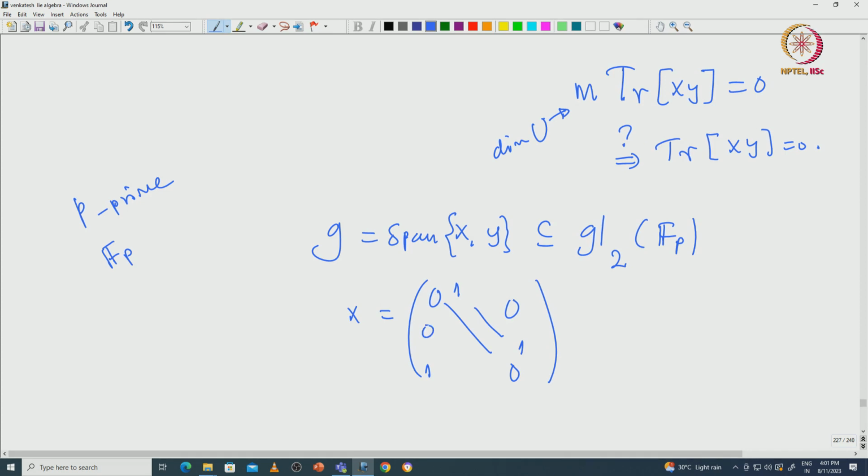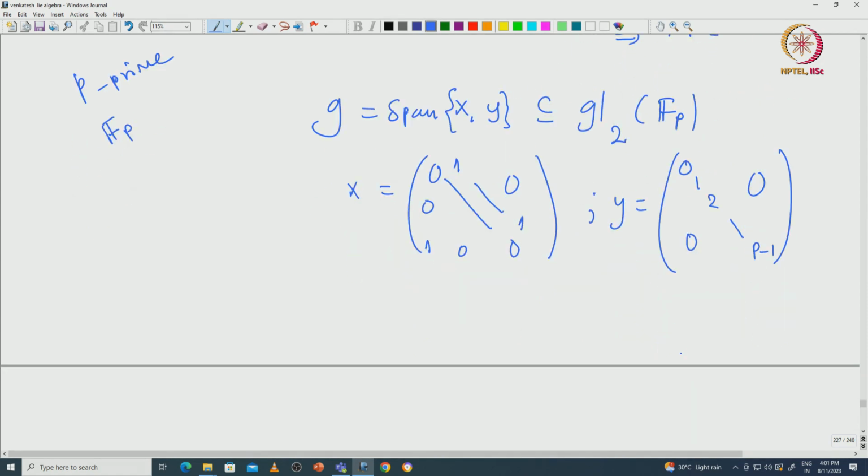And y you take to be the diagonal matrix where diagonal entries are 0, 1, 2, etcetera up to p minus 1, and all other entries are 0. It is not hard to check, I will leave it as an exercise, that the bracket x y is indeed x.